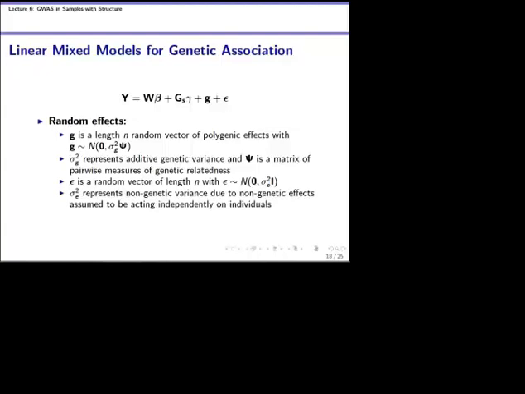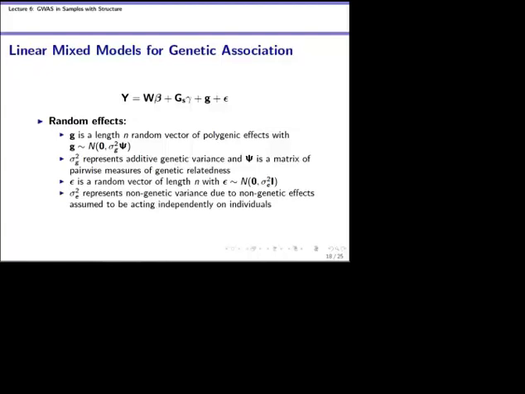PCA is the top principal components. For the linear mixed model, it uses the entire matrix. So G is normal with mean 0, but we model the correlation among individuals. We explicitly model genetic differences among individuals here, which is different than PCs.